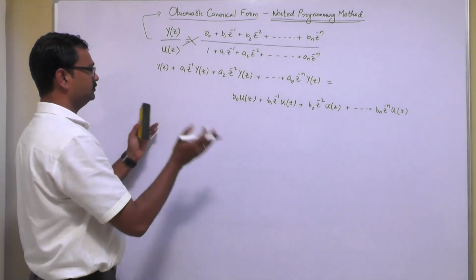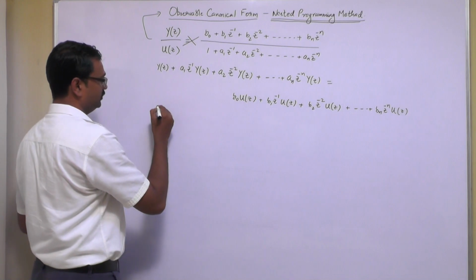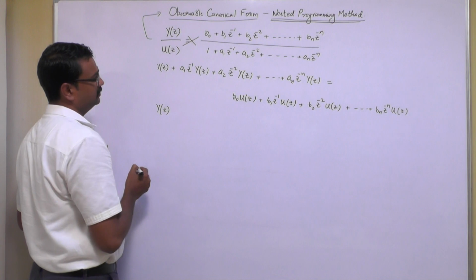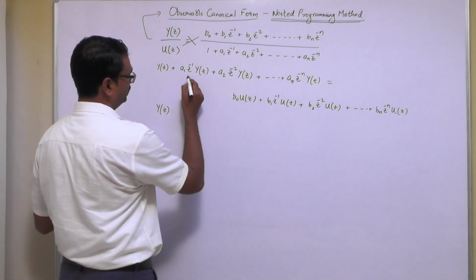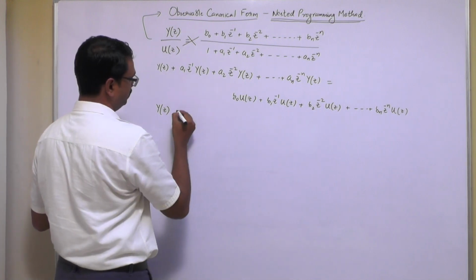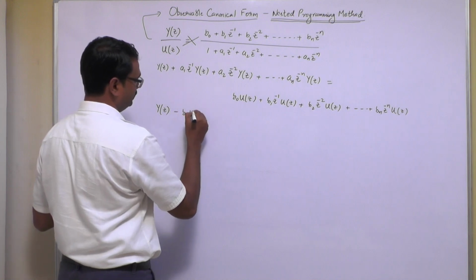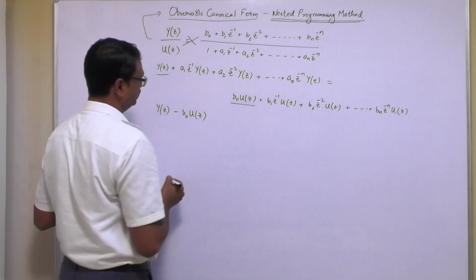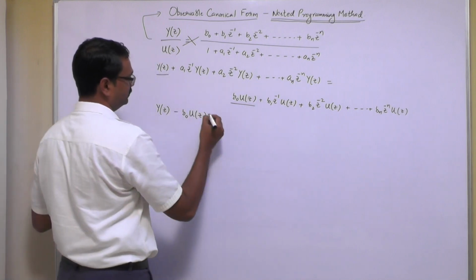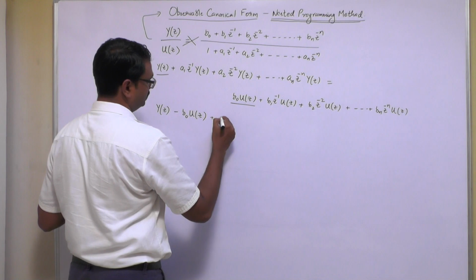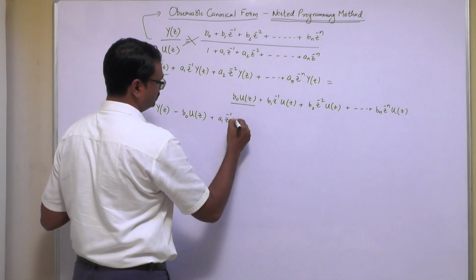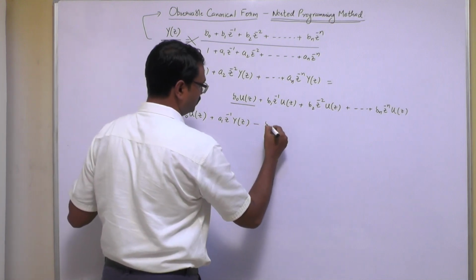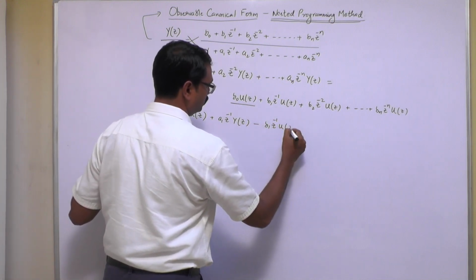Now bring everything to the left hand side. When we are having this, you can say that we have Y(z) minus b0 U(z) brought here, then plus a1 z^-1 Y(z) minus b1 z^-1 U(z).